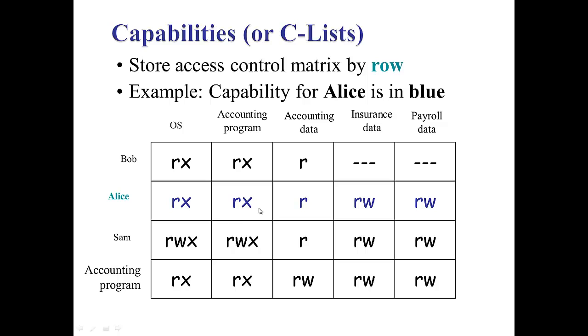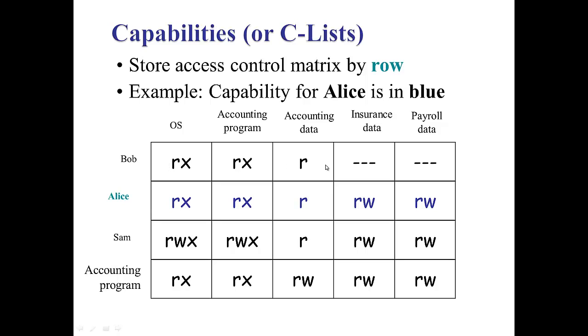Alice has the capability of read and execute the account program. Alice has the capability of read and write insurance data. Alice has the capability of read and write payroll data.